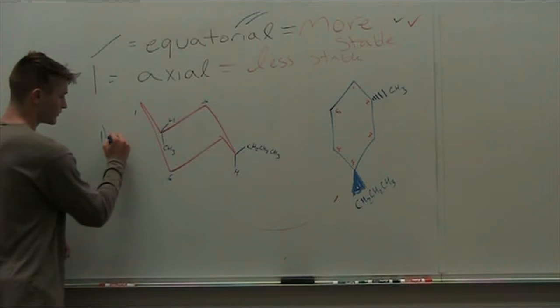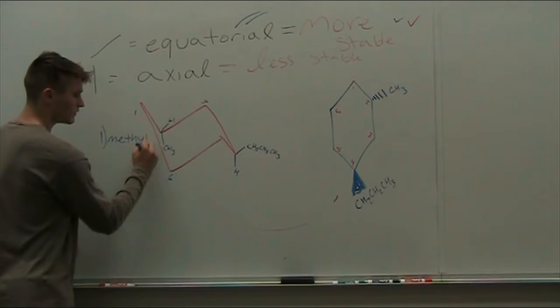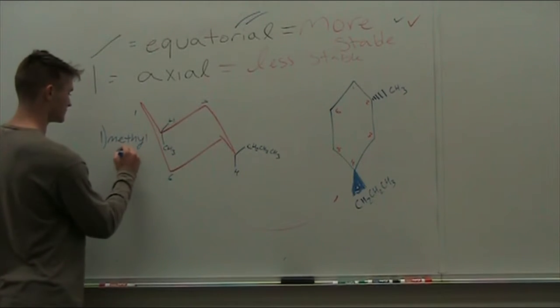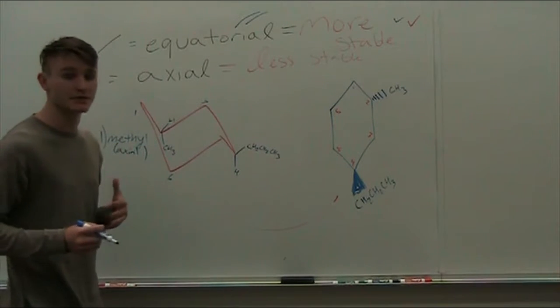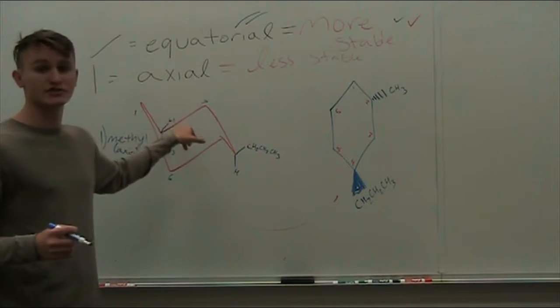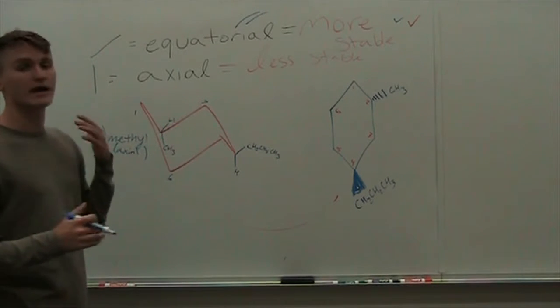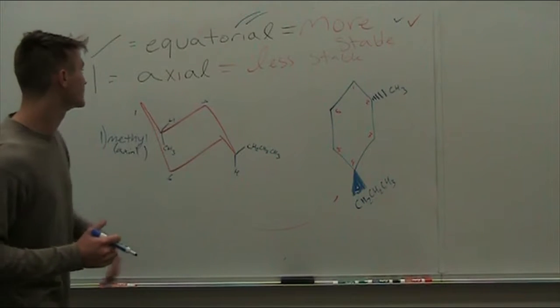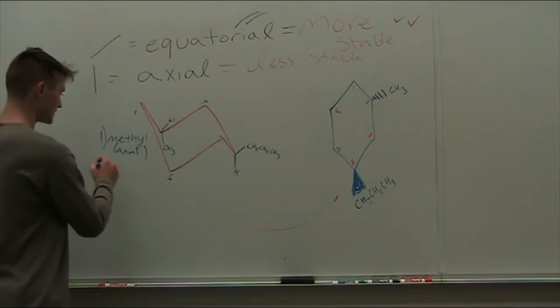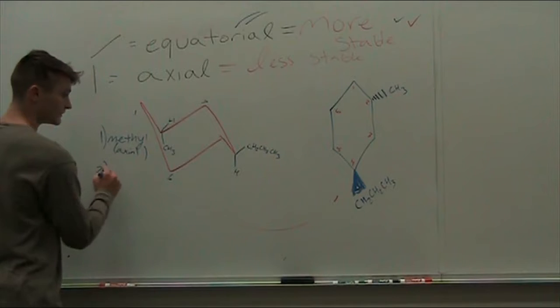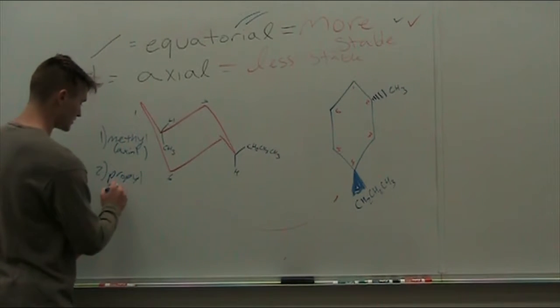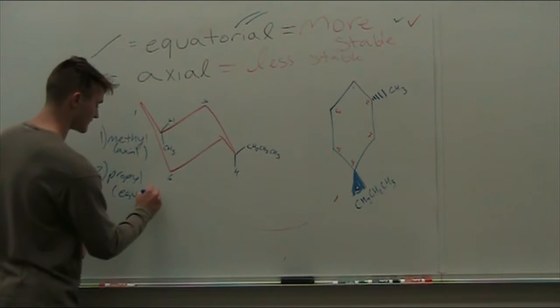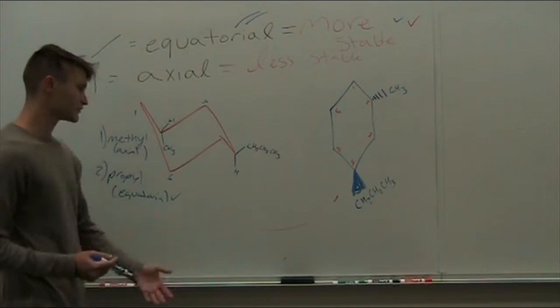We have 1 methyl on an axial, which is not comfortable for the molecule because it's obviously bigger than a hydrogen. We want a single hydrogen, and you want your heavier substituent on the equatorial because it's more stable. We have 1 methyl there, and we have a propyl substituent on the equatorial, which is good. We want that. It's a check mark because we want that.